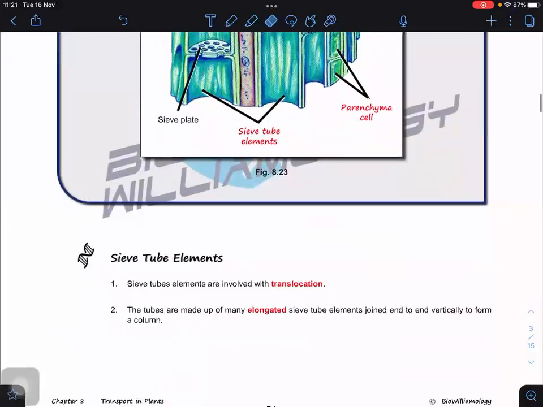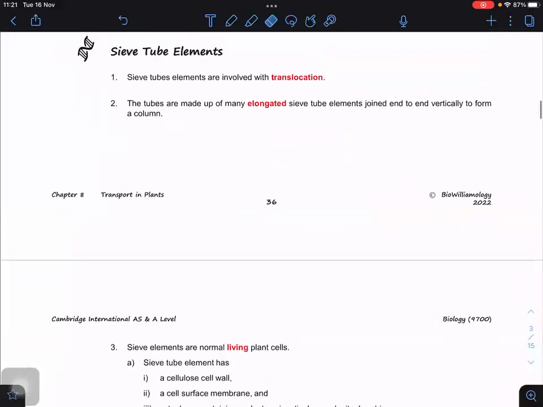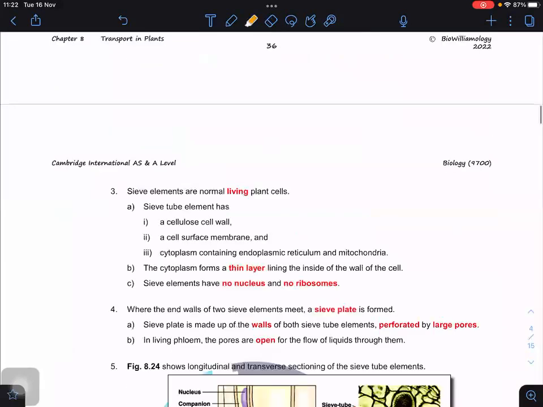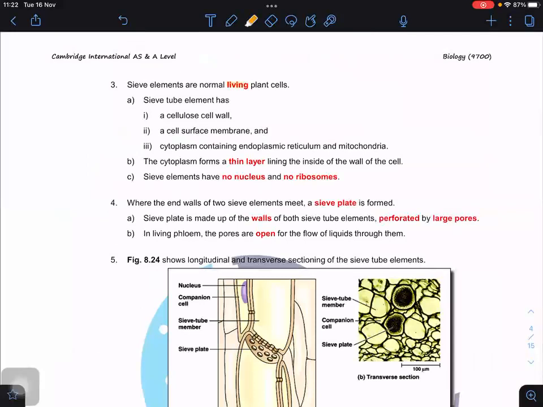So we start with the sieve tube element. Its function involves translocation. There are many elongated sieve tube elements joined end to end vertically to form a column, but not a continuous column. They are living cells because there is no lignification.